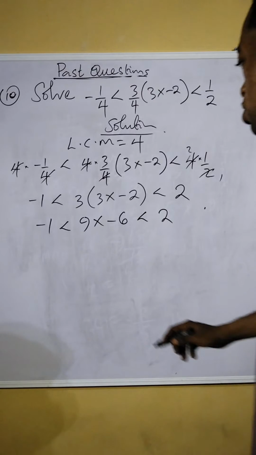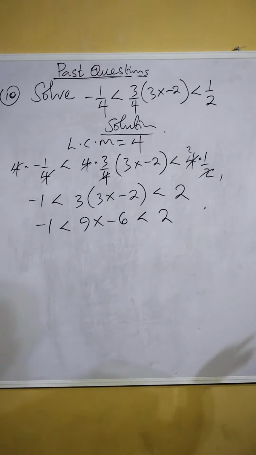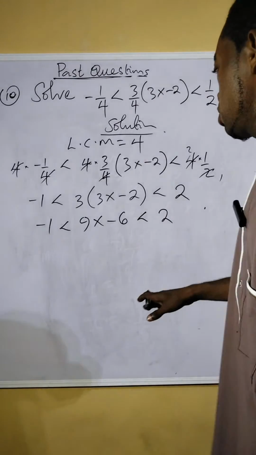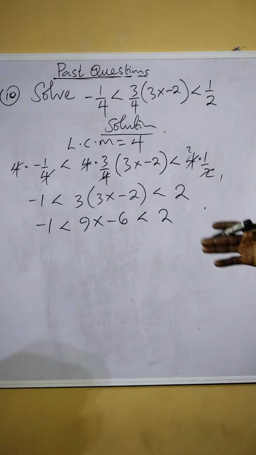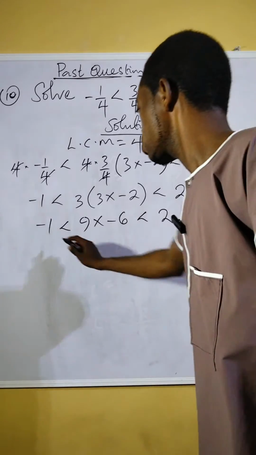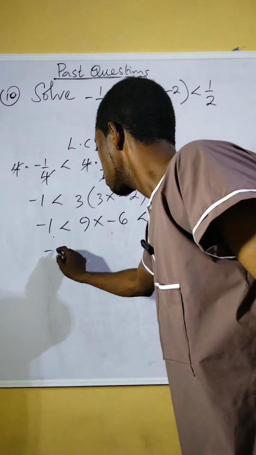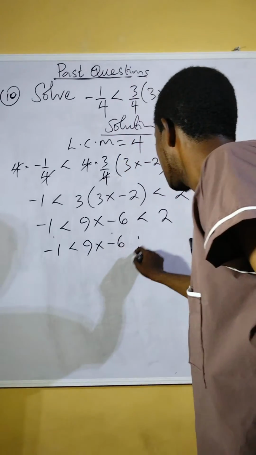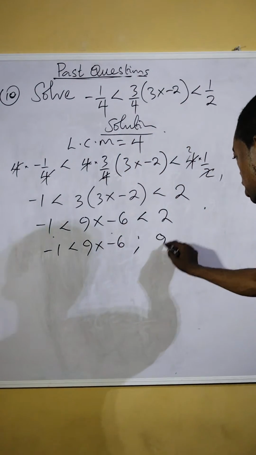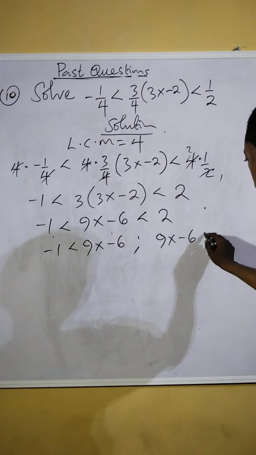Then the goal is to solve this and get the range of the value. Now we compare these two. The first two here, minus 1 less than 9x minus 6, and also the last two, which is 9x minus 6 less than 2.